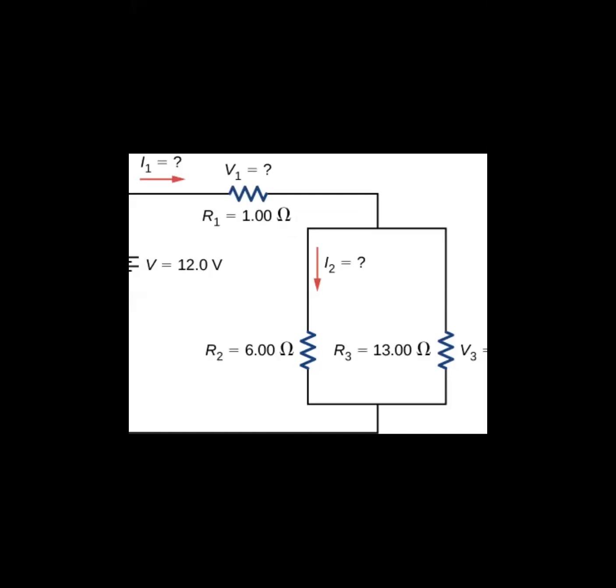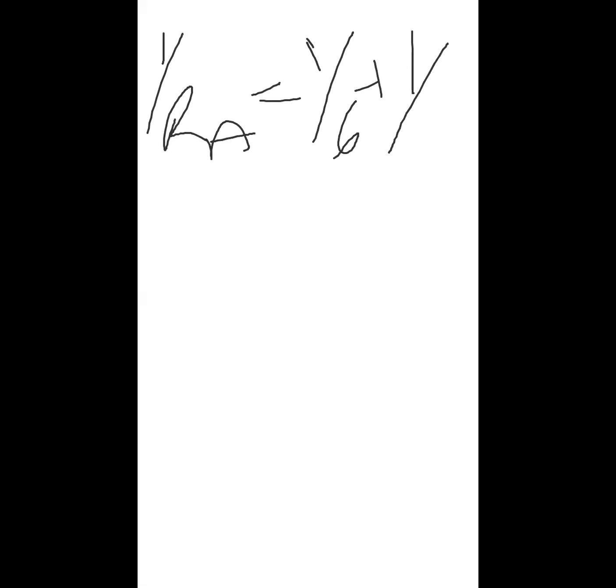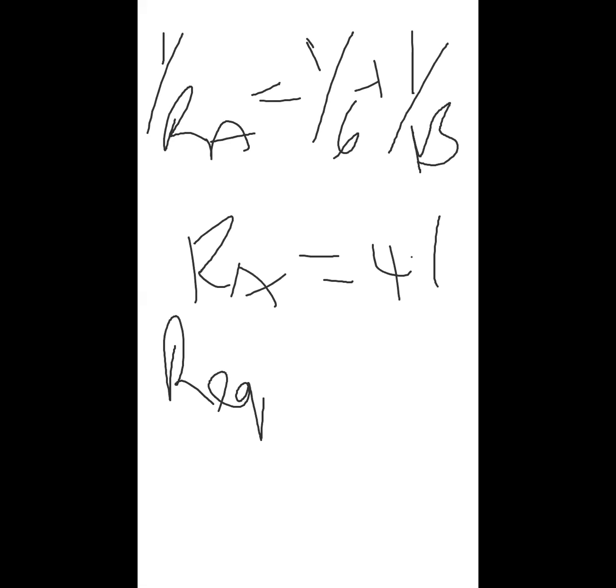So guys, let me use the whiteboard so that I can communicate better. We agree that 1 over RA is equal to 1 over 6 plus 1 over 13. So we got RA to be 4.1. Our equivalent resistance is R1 plus RA.